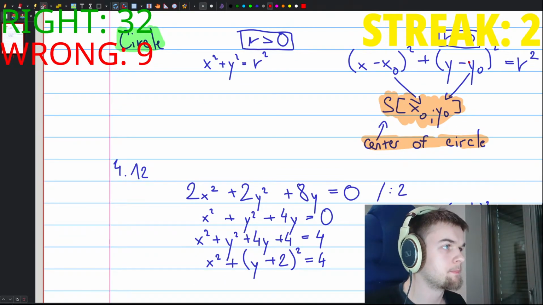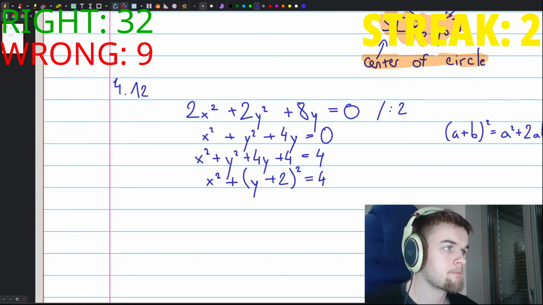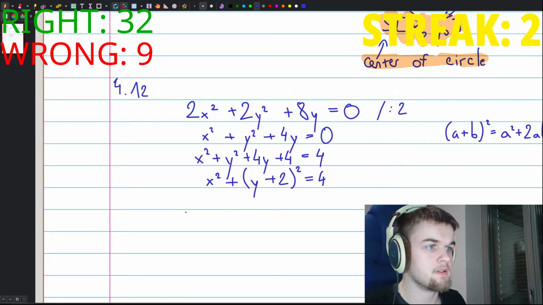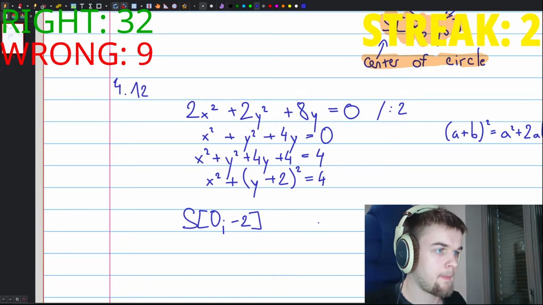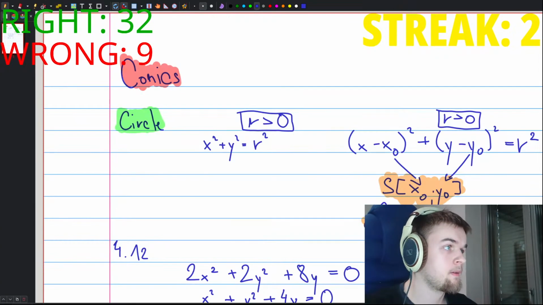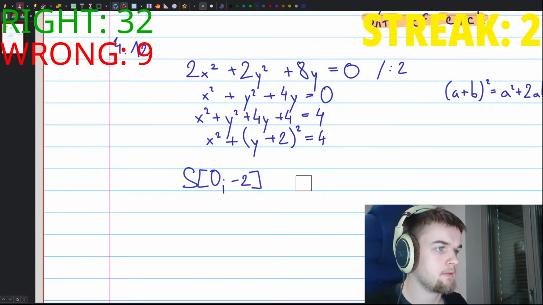But we can see here that it's like minus. So the center will be 0, minus 2, and the radius will be 2, because this is radius squared.